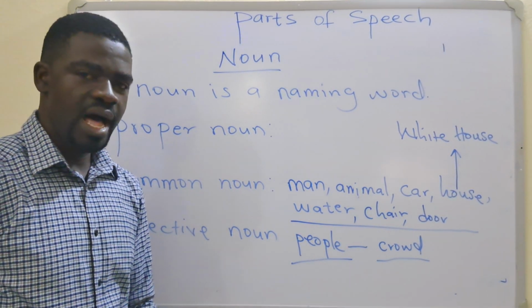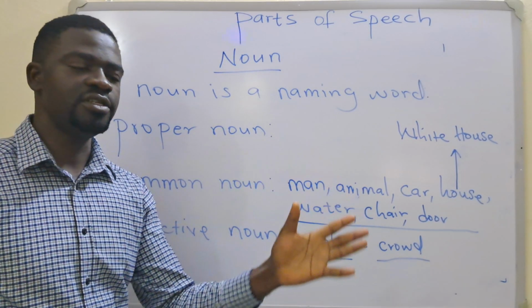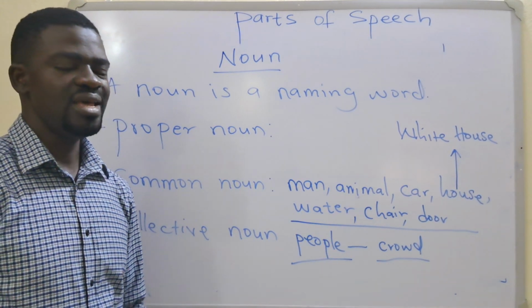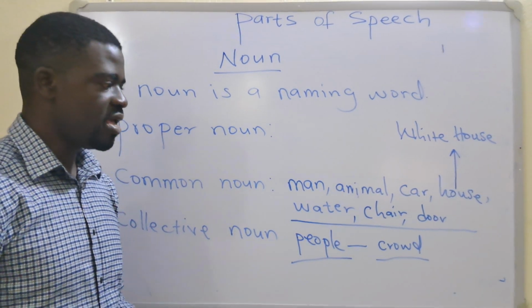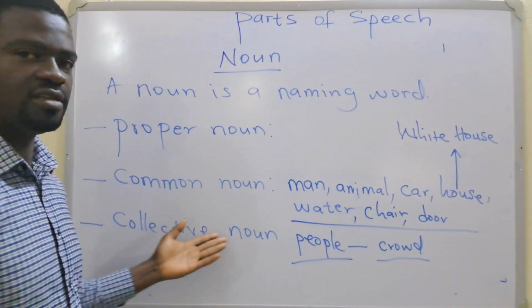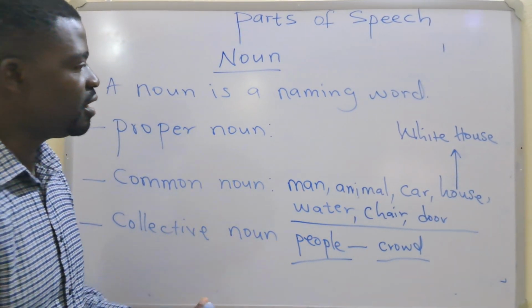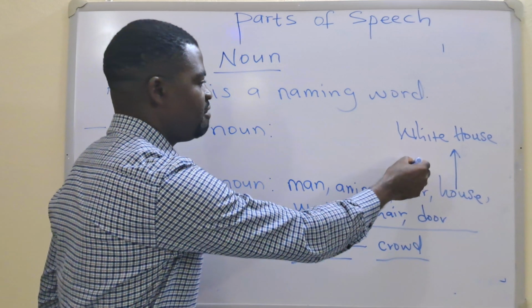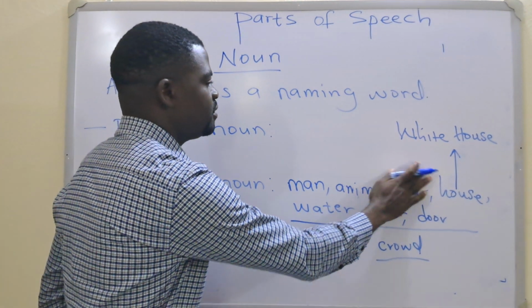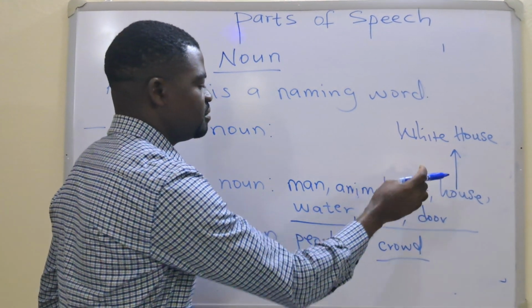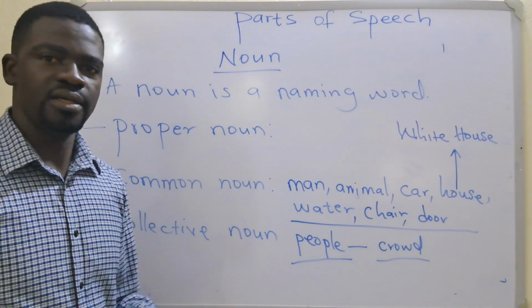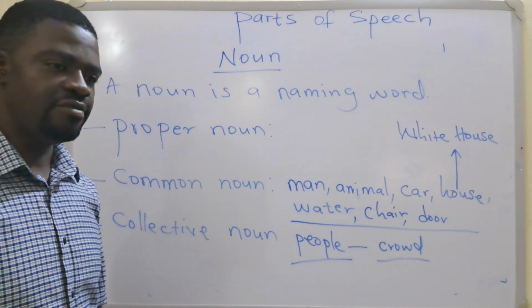What of houses? Say you have a lot of houses in a place. You call it estate. So estate is a collective noun. If you have a lot of cars in a particular place, there's a name you call that: fleet. Say you have a fleet of cars.